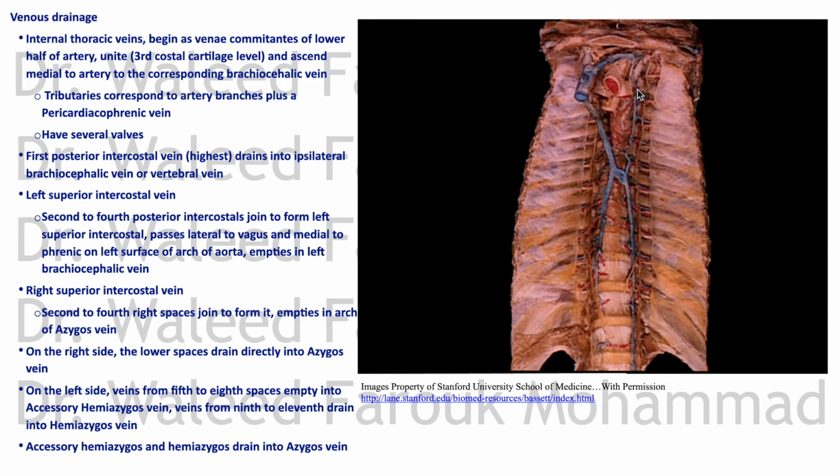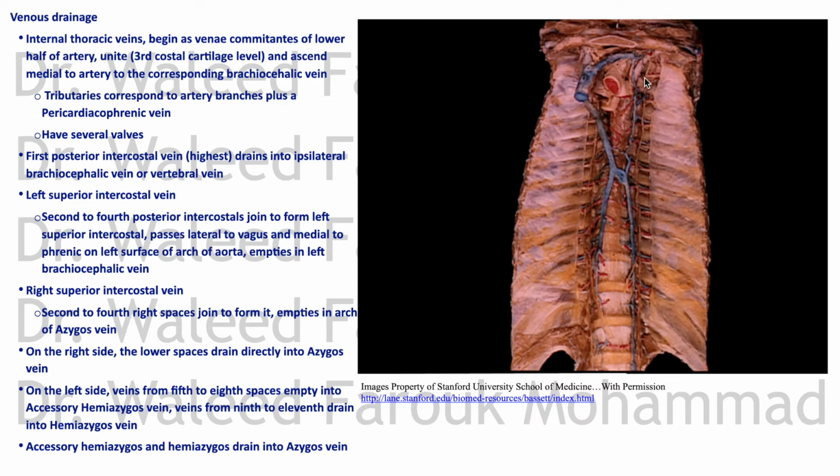The left has some important info in that it goes on the lateral surface of the arch of the aorta to the left side. It passes between the vagus, superficial to vagus, and deep to phrenic, and empties in the left brachiocephalic vein. Again, the second, third, and fourth spaces on the left side are taken up by the superior intercostal.